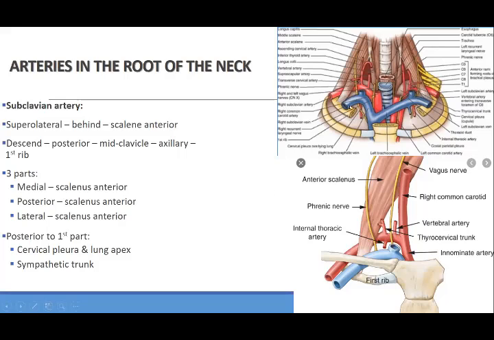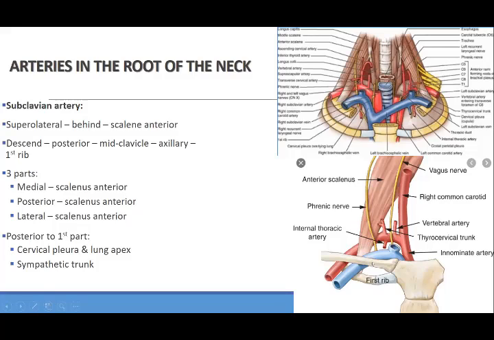The clavicle has been removed here. So it is passing behind the middle of the clavicle. This subclavian artery leaves the neck and enters into the arm. At what level? The outer border of the first rib.